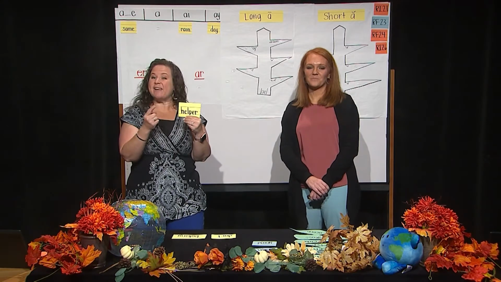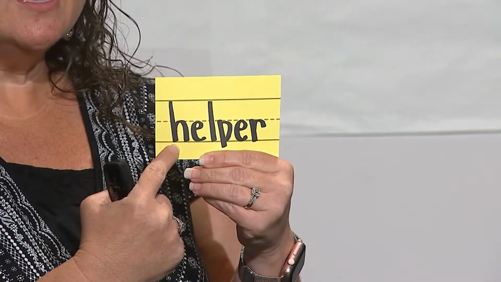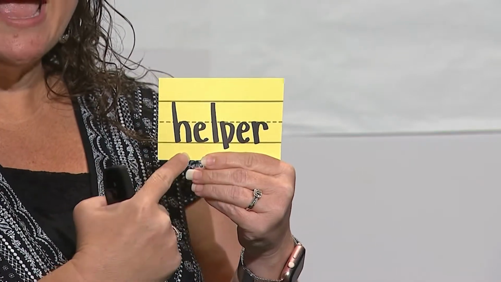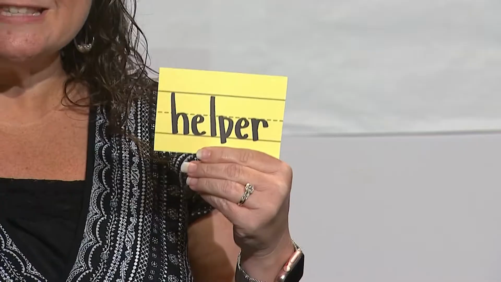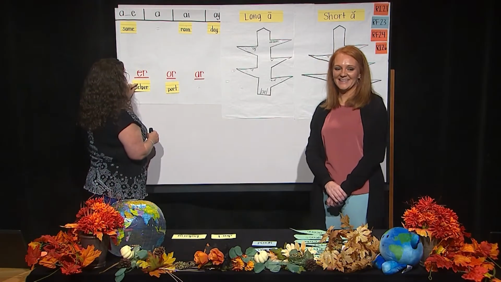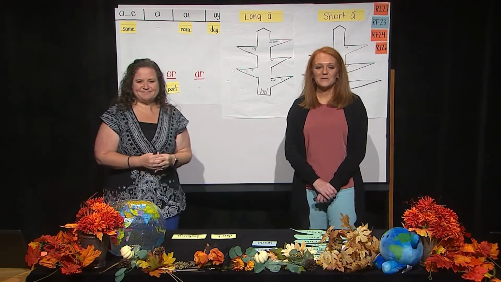For those of you who might have said another word, let's break this one down. Let's say the sounds in the word. Helper. The word is helper. So let's fill that spot. Yes. Spelled ER. Good. Helper. Good. All right.